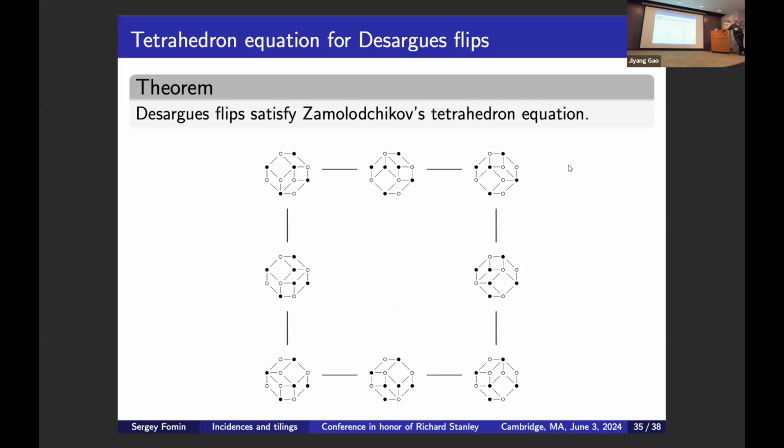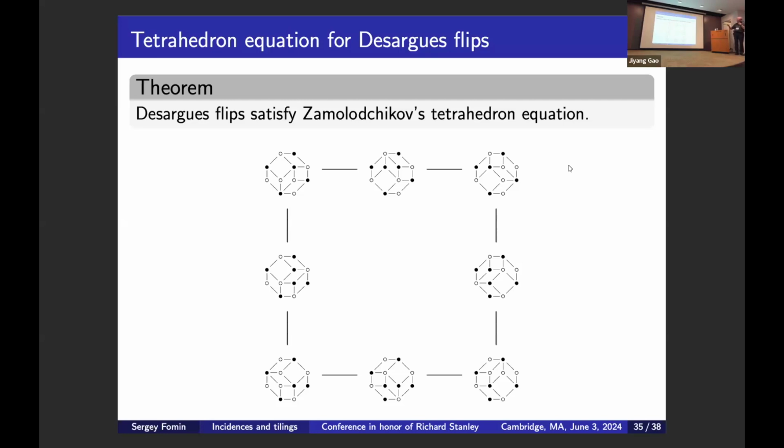Then we apply Desargues flips to this configuration, and after 8 flips, we come back to the same combinatorics, but there could have been monodromy. The actual points and lines could have been replaced by something else, but they won't be. And that's because we have this zonotopal tetrahedron equation, which is in a way cryptomorphic to 4D consistency.